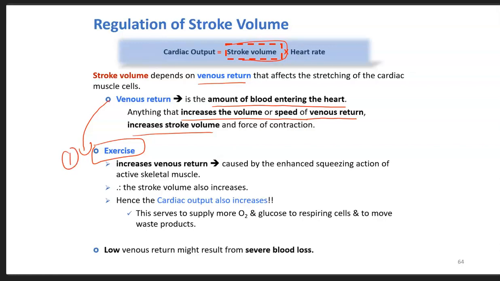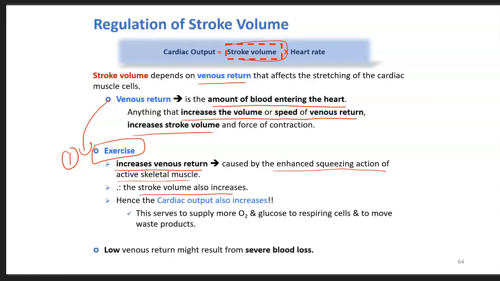Okay, exercise. So exercise increases the venous return. Okay, if you exercise, this will cause more blood to return to the heart, because when you are exercising, your muscles contract rapidly, and so this will return more blood to the heart. Okay, so increased venous return is caused by the enhanced squeezing action of the active skeletal muscle, and so therefore the stroke volume also increases.